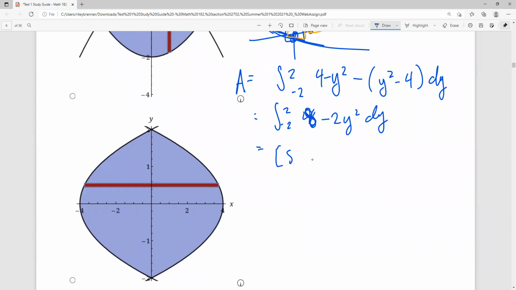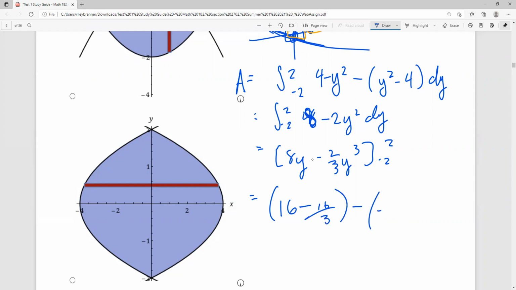We've got 8y minus 2/3 y cubed from -2 to 2. Plug everything in. So if we plug in 2, we got 8 times 2 is 16 minus 2 times 8 over 3, which is 16 over 3, minus, now plug in the -2 version.